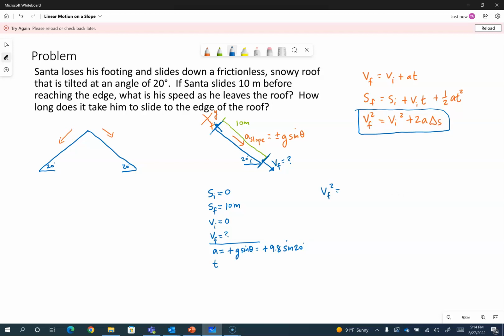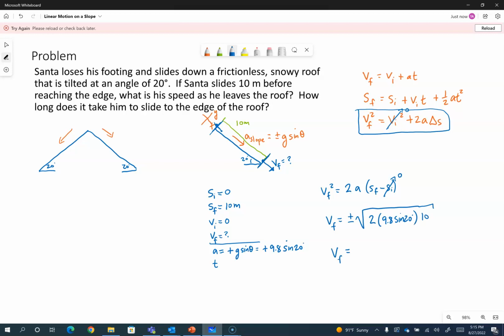So V final squared, we know V initial is 0 in this case, so I'll leave that off. We have S final minus S initial, but that one also is 0 based off of our origin. So V final will be plus or minus the square root of 2a times the final position, which is 10.